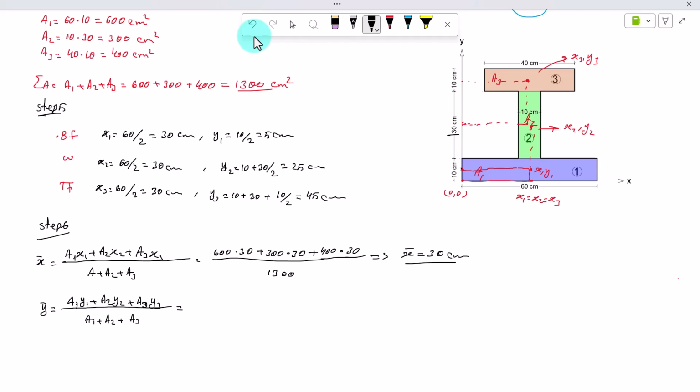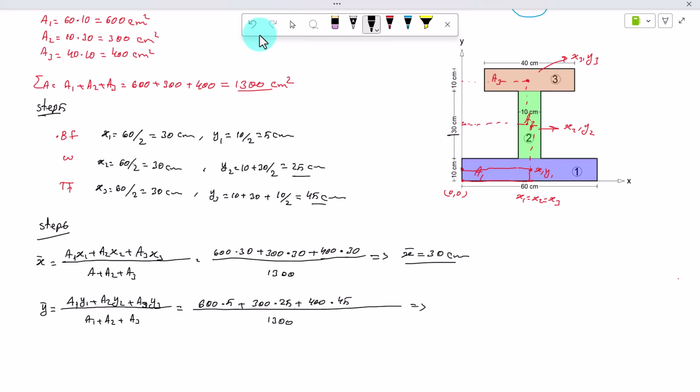Now we can write A1 was 600 times y1 was 5 centimeters, plus A2 300 times y2 25 centimeters, plus A3 was 400 times y3 45, divided by 1300.